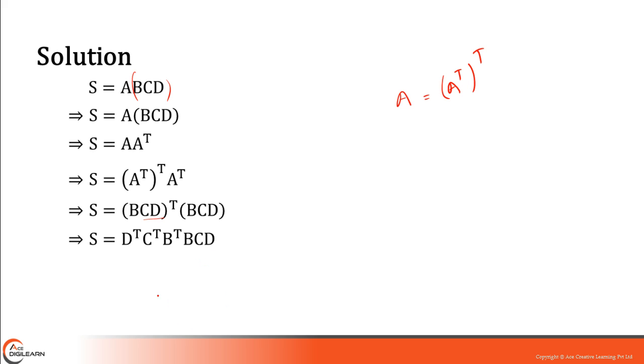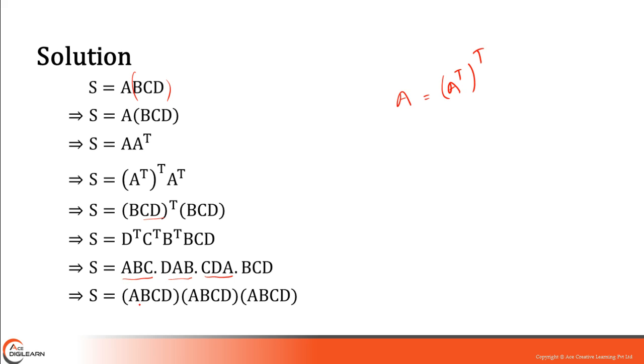And substituting the values of D transpose as ABC, C transpose as DAB, and B transpose as CDA, this can be written as the product ABCD into ABCD, which is S cube. So we can say S cube is the same as S.